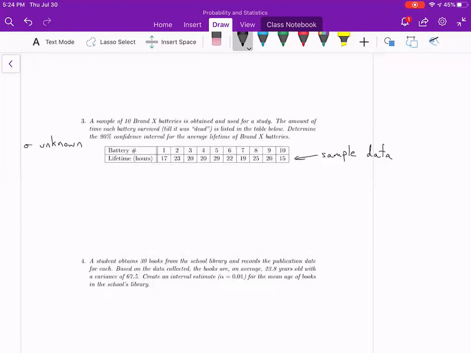And so you can estimate sigma by S. But S means that you should use the T version of the confidence interval, and CI tends to be my abbreviation for confidence interval.